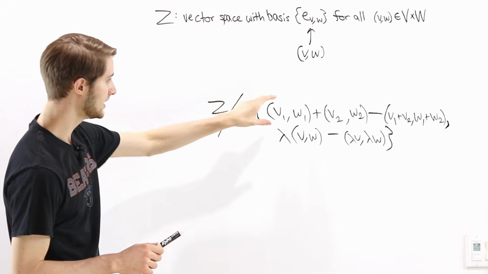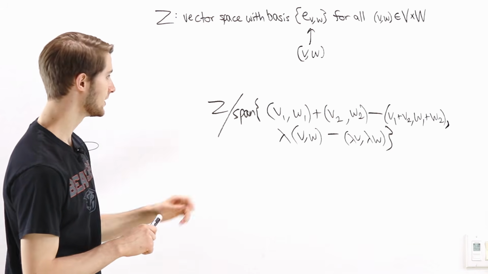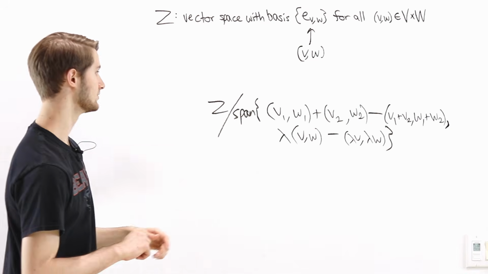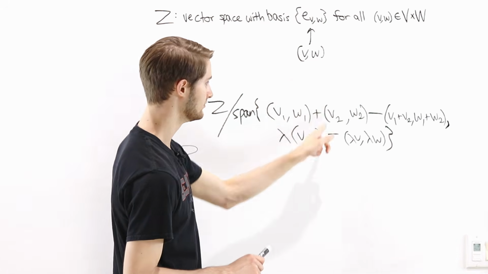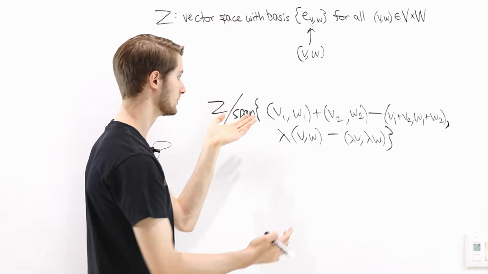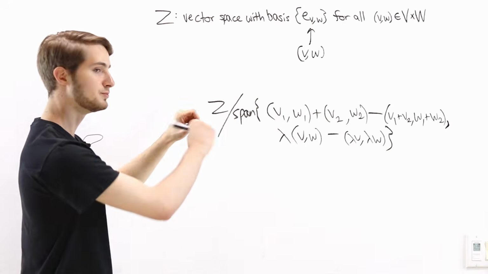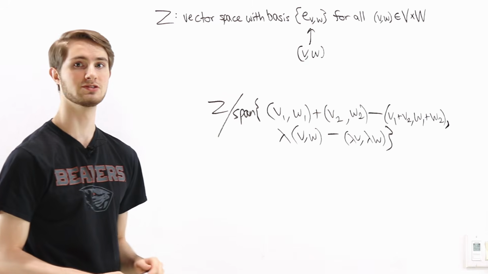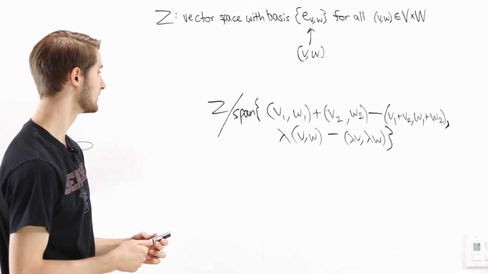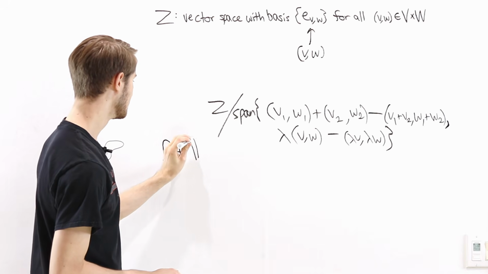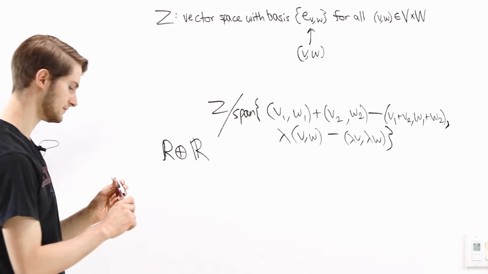Now, when we look at the span of these vectors, we're actually talking about the set of vectors that look like this for all possible values of v1, w1, v2, and w2. We take all of the possible four vectors we could put in here, and then we take the span of all of those together. And the quotient by that entire space is what gives us the direct sum. So as an example, let's consider the real numbers direct sum with itself.